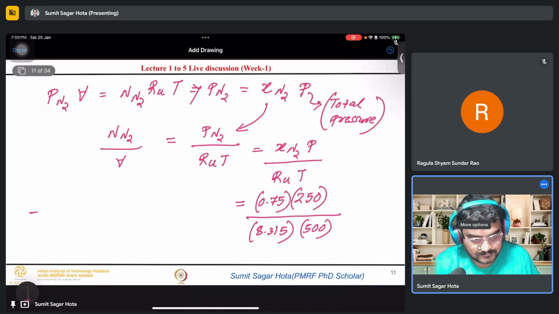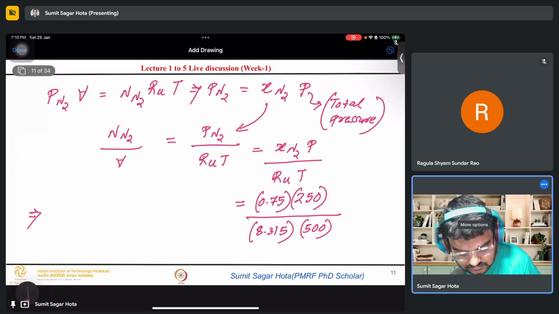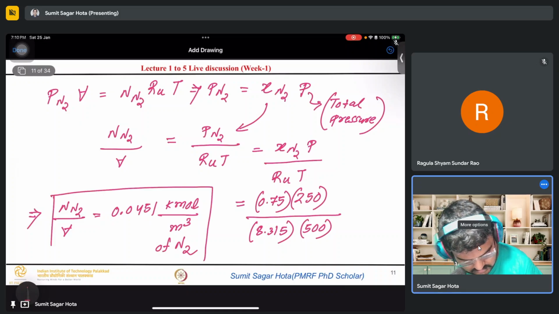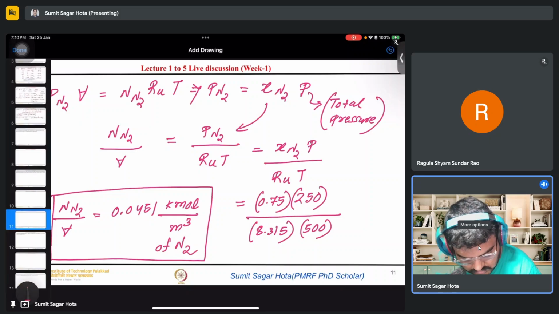If you solve it, it comes out to be 0.0451 kilomole per meter cube of N2. This is the answer for the last one.